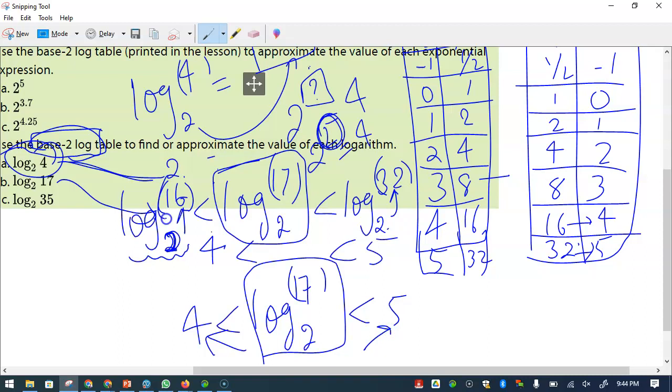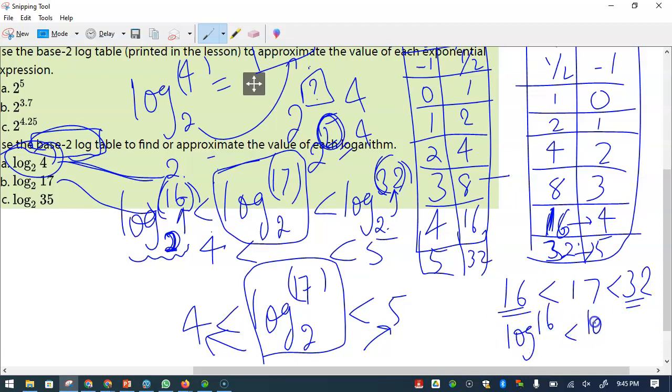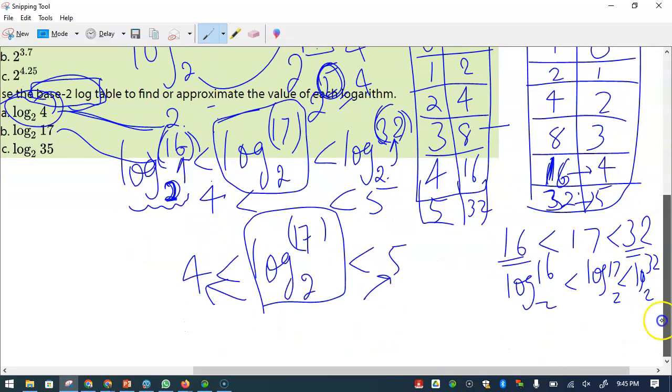The reason I picked 16 and 32 is because logarithm of 16 is 4, logarithm of 32 is 5, and 17 is between these two, right? These are the main milestones you have to think of. Log of 17 is between log of 16 and log of 32, and then you know the answer.